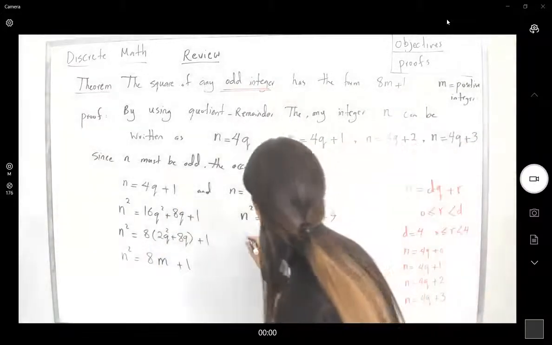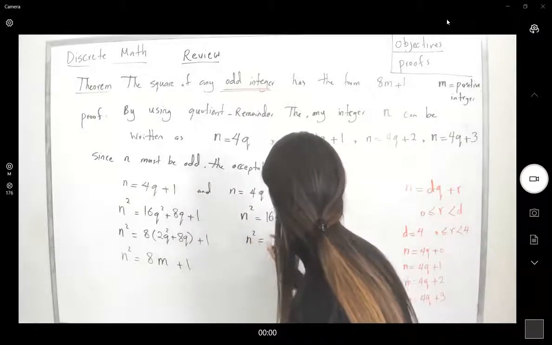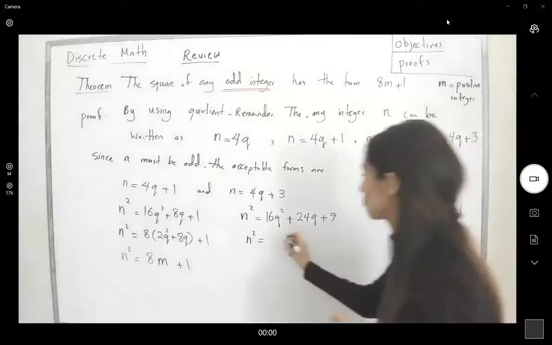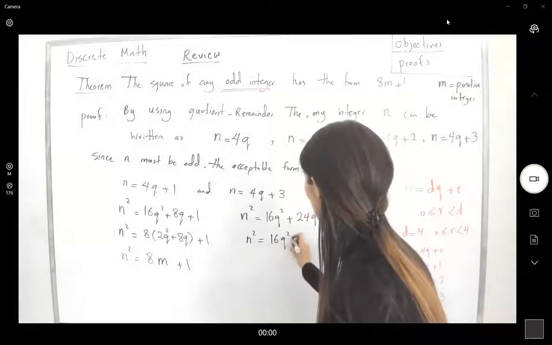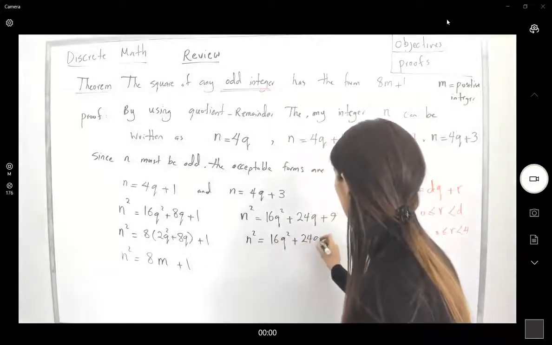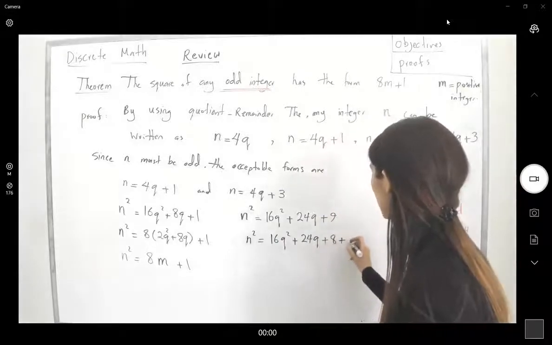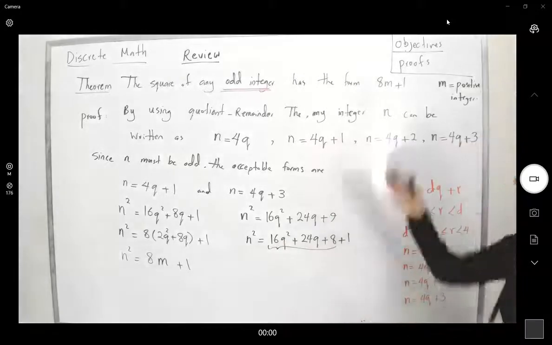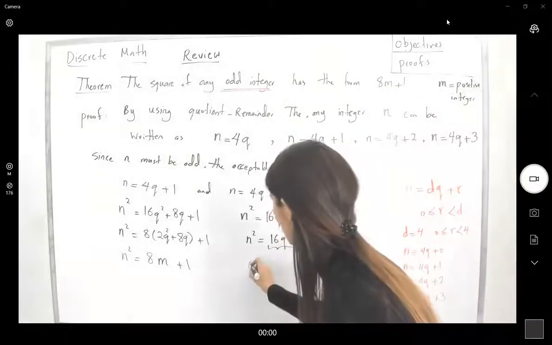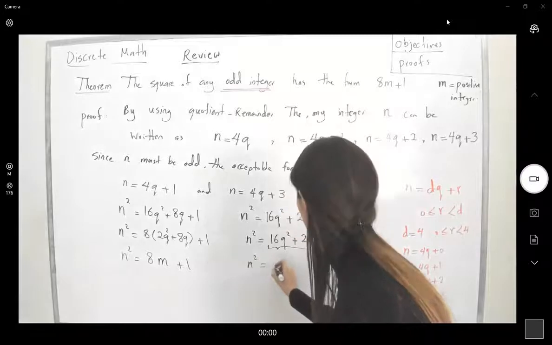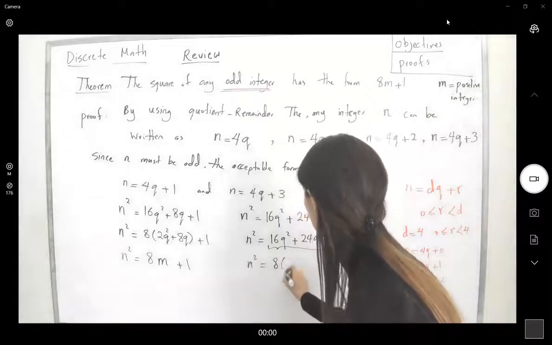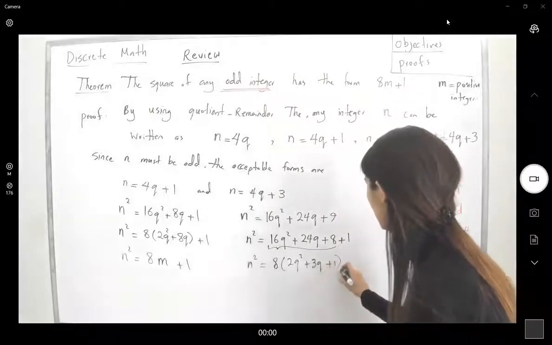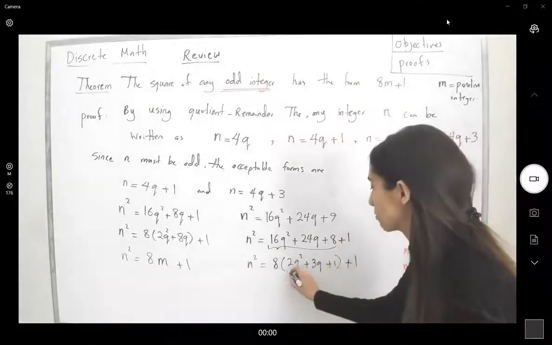What about this one here? n squared is equal to, here I have 9. I'm going to break down 9 as 8 plus 1. So I get 16q squared plus 24q plus 8 plus 1. Between these, I'm going to factor out 8 and create my m. So n squared is equal to 8 times (2q squared plus 3q plus 1) plus 1, and this is my m.